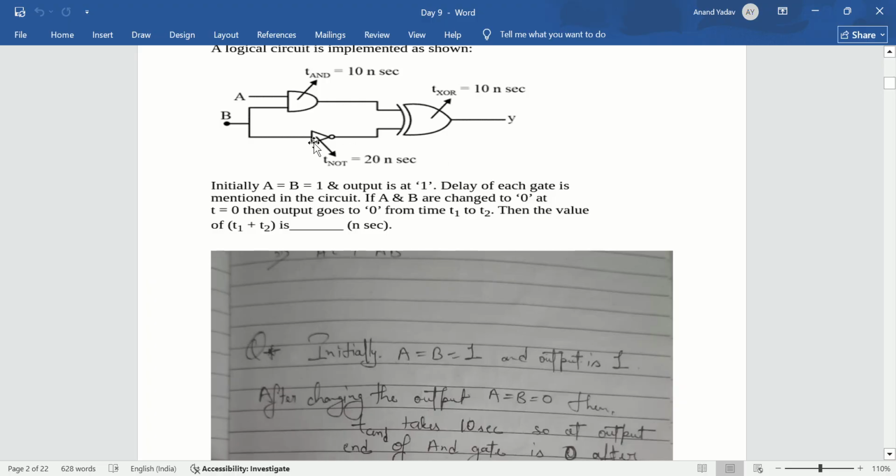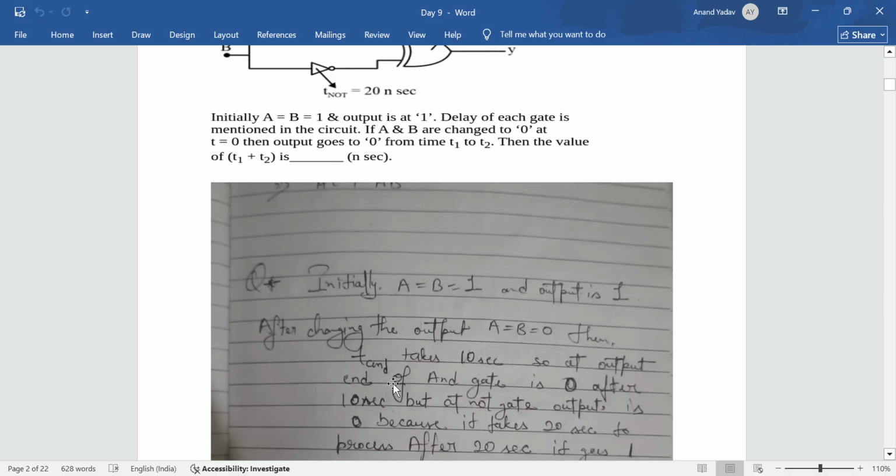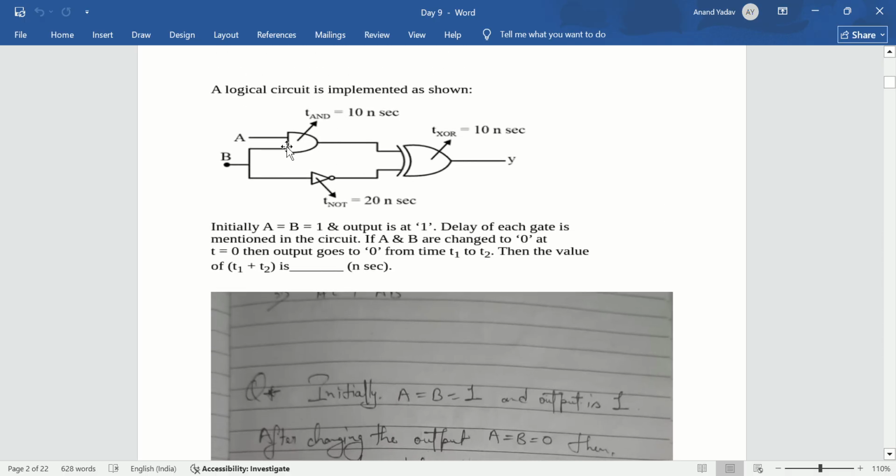So for this, if I convert this 1 1 to 0, then after 10 nanoseconds it will be 0 here also, at this point after the AND gate, and here after 20 nanoseconds, through the NOT gate, we will get 1.